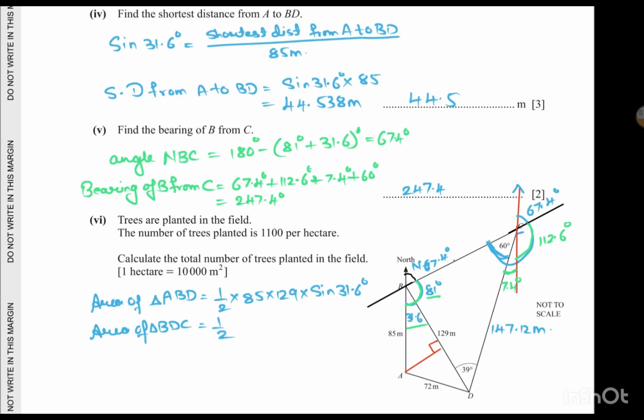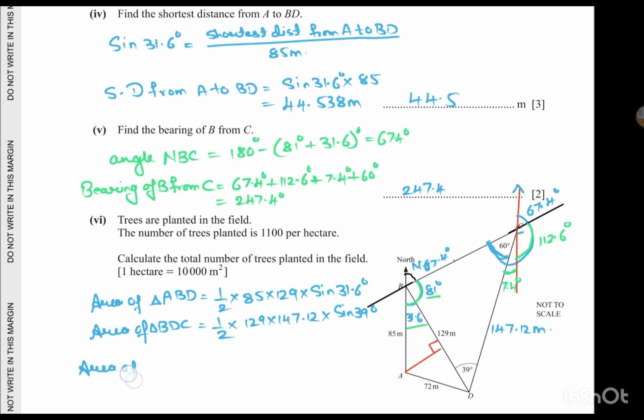So we know these two sides 129 and 147, the angle between them is 39. So 129 into 147.12 into sine 39. Add these two, we will get the area.